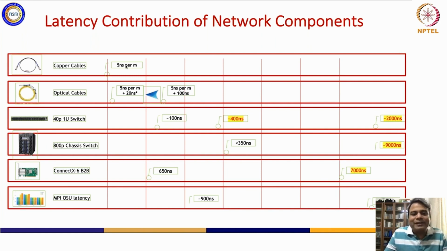In a media, the speed of the electromagnetic wave is defined by the speed of light divided by the refractive index if it is an optical media, or divided by the permittivity if it is a standard dielectric media, which corresponds to usually 5 nanoseconds per meter. It's physics, you can't change it.